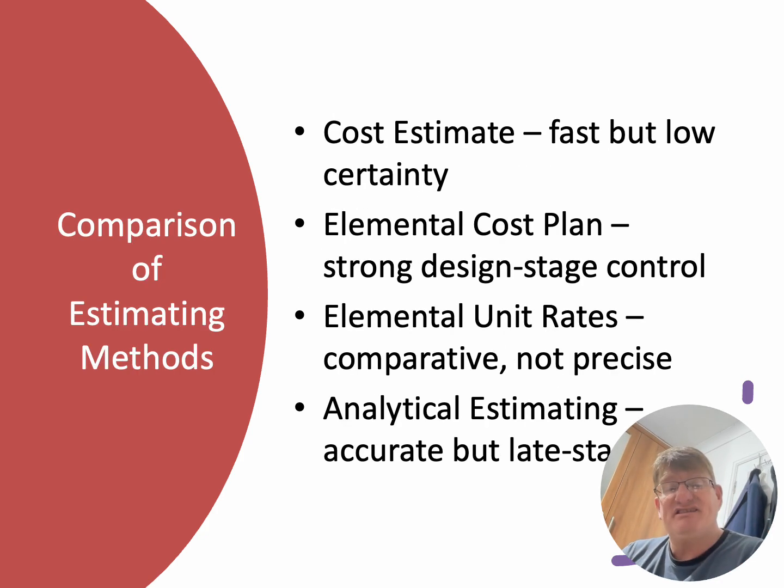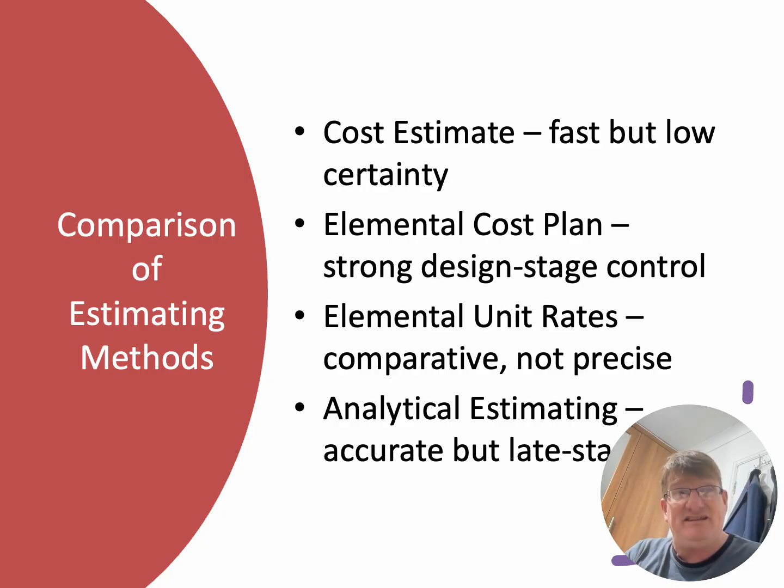Okay, comparison. Cost estimate: fast but low accuracy, very much just a ballpark figure. Elemental cost plan: strong design stage control. Okay, so you're doing it at stage 2 or 3, and what am I going to choose? Which design is going to work?